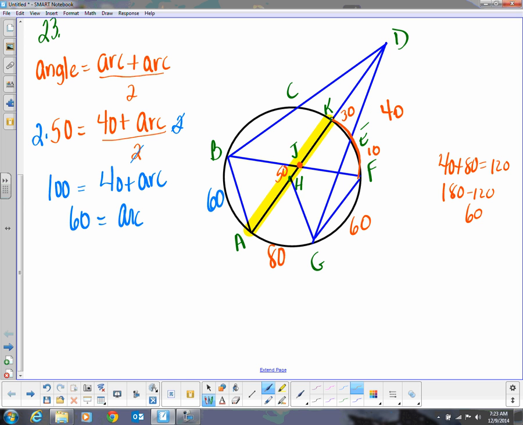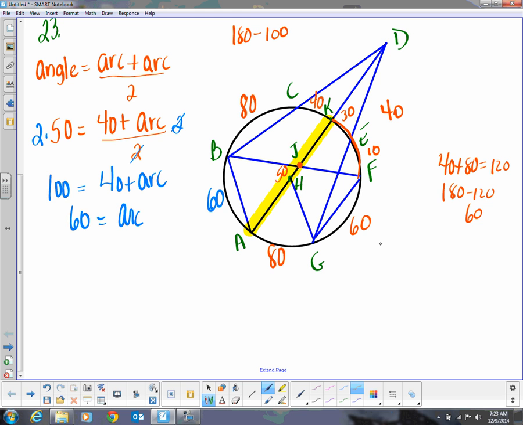I had to have given you something else. I gave you CK to be 40. So CK is up here. So if this is 40 and this is 60, what must be CD? How do we get 80? We said 180 minus what? 100. Now with those angles, you can go anywhere.